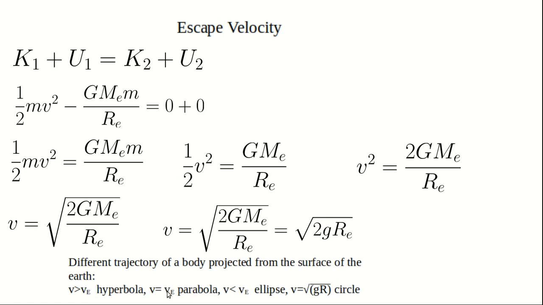But if your v is exactly equal to v_e, which is the escape velocity, then it's a parabola. If v is less than v_e, it is an ellipse. While v equal to the square root of gR is a circle. Please take note of this. This is a trend, right? This is the trajectory of any satellite that follows any of these equations, right?